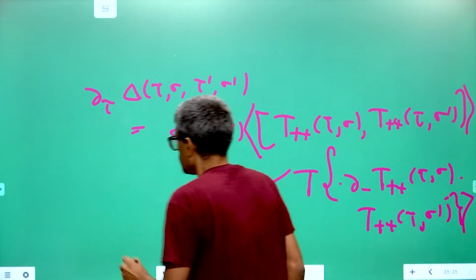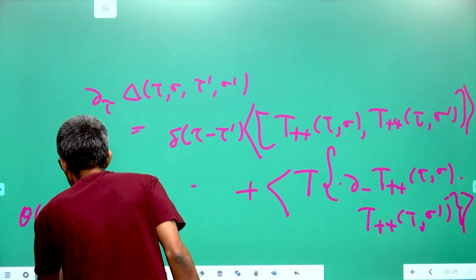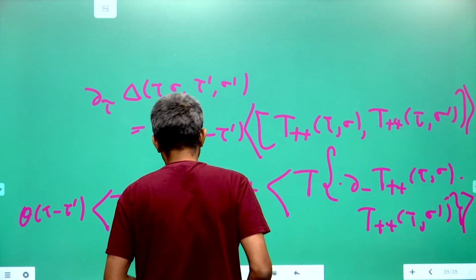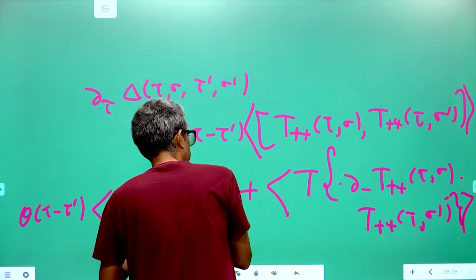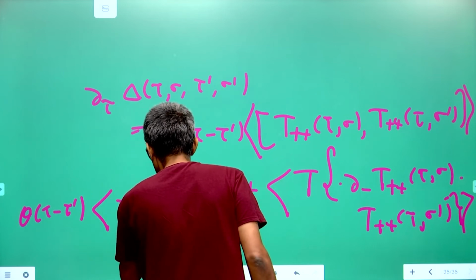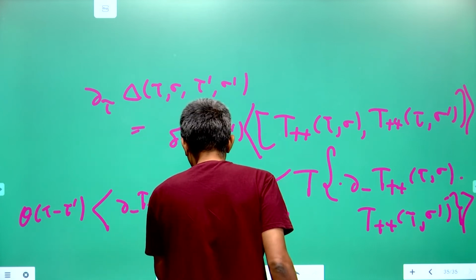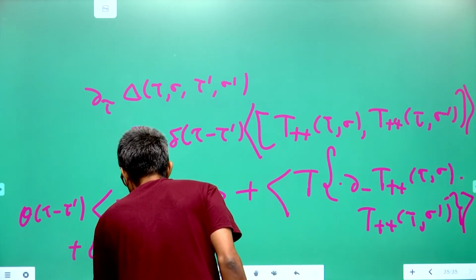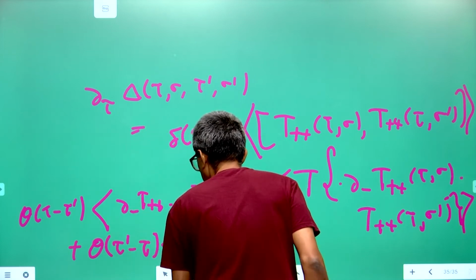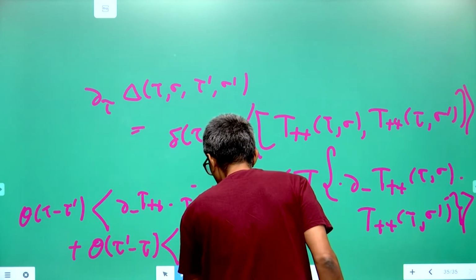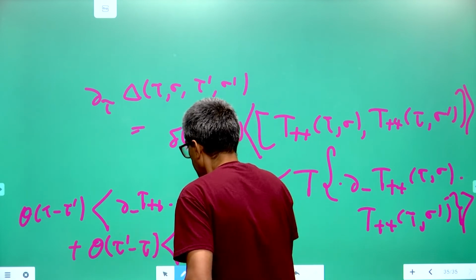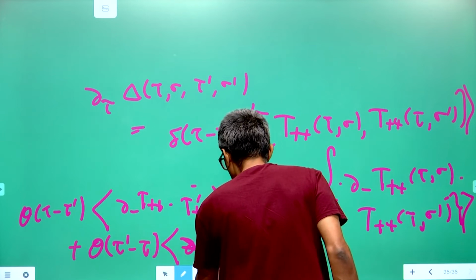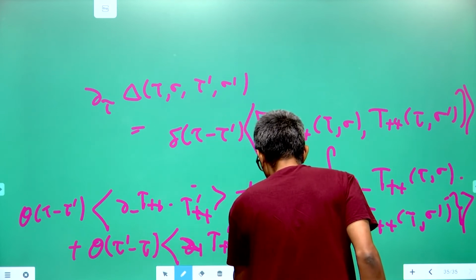That is because you will get a term like theta(tau minus tau dash) times the vacuum expected value of T. It will not be the vacuum expected value, it will be simply dou minus of T plus plus at this point and T plus plus at the second point, minus theta(tau dash minus tau) times the same thing, but now with the opposite, that is when tau dash is greater than tau, it will act on this term which appears to the right, T plus plus dash into dou minus T plus plus.